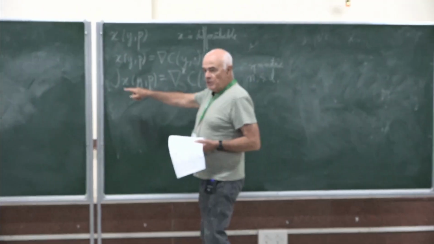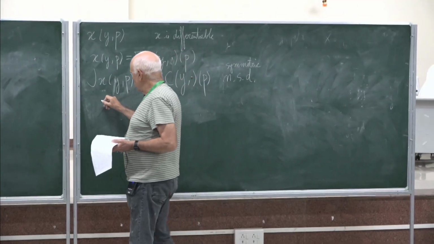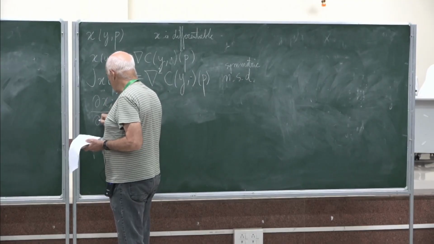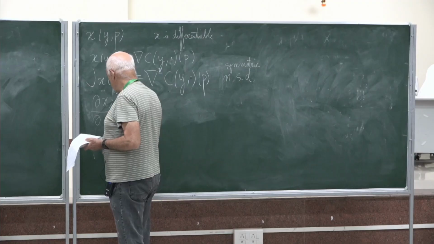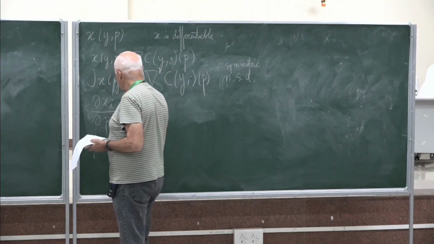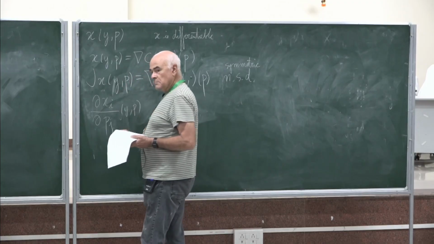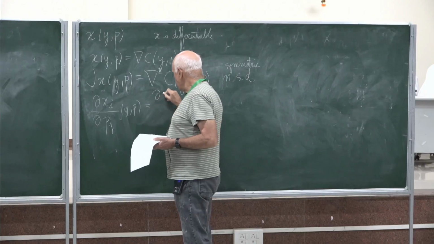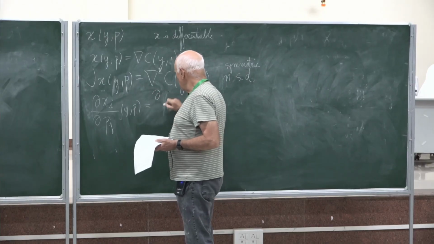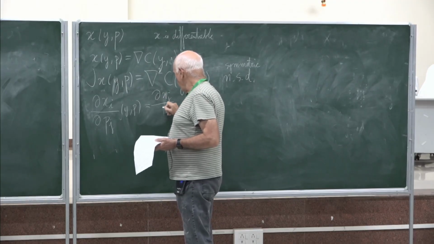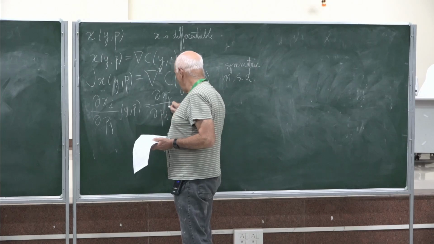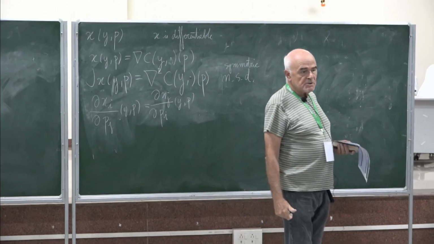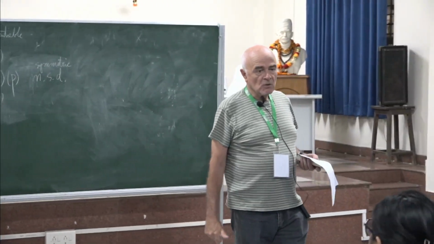What are the entries of the Jacobian matrix? The partial derivative of xi with respect to pj. By symmetry, this is equal to the partial derivative of xj with respect to pi. It's very interesting, and to me, I'm not an economist, surprising.